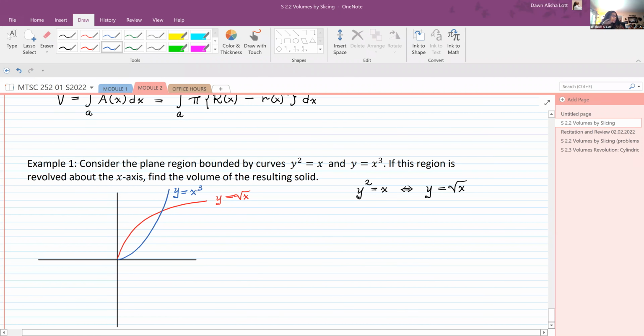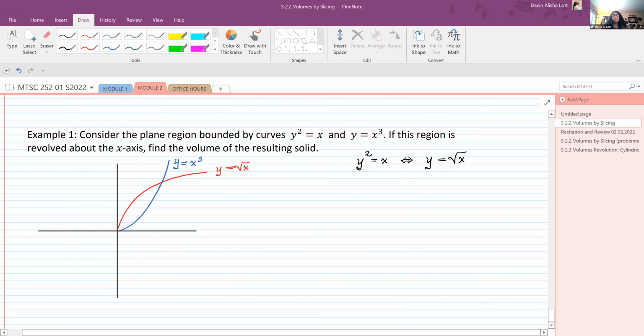Okay, so I have y is equal to the square root of x and y is equal to x cubed. All right, so this is my region. So my region is everything in between. So there's the plane region. I can draw it. So first thing I've done is draw my plane region.